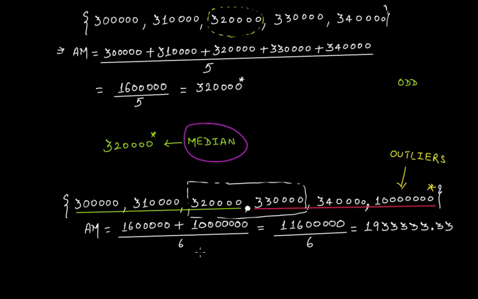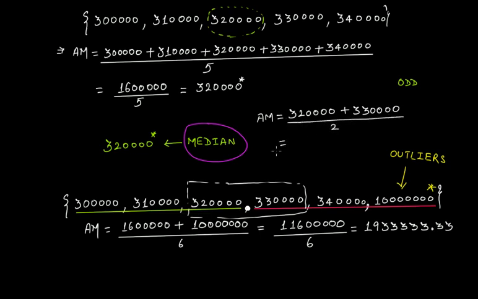these 2 values. So what you have to do is calculate the arithmetic mean of 3,20,000 plus 3,30,000. You have to calculate the arithmetic mean of these 2 numbers, divided by 2.